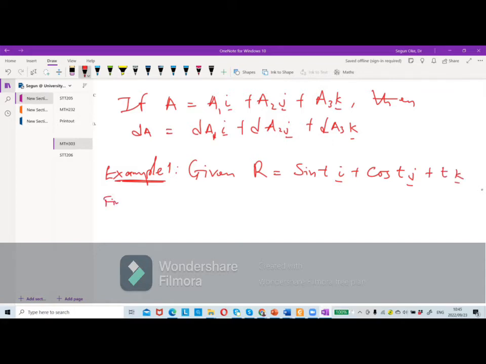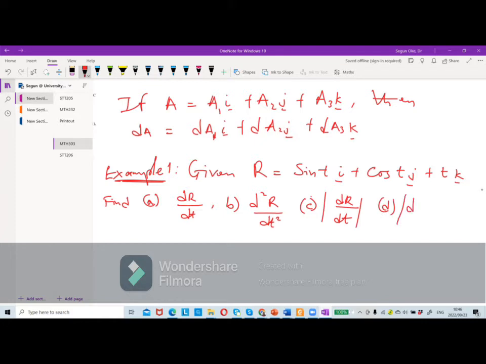The question says find A, dr/dt; B, d squared r over dt squared; C, the magnitude of dr/dt; then D, the magnitude of d squared r over dt squared. So we are asked to find this.